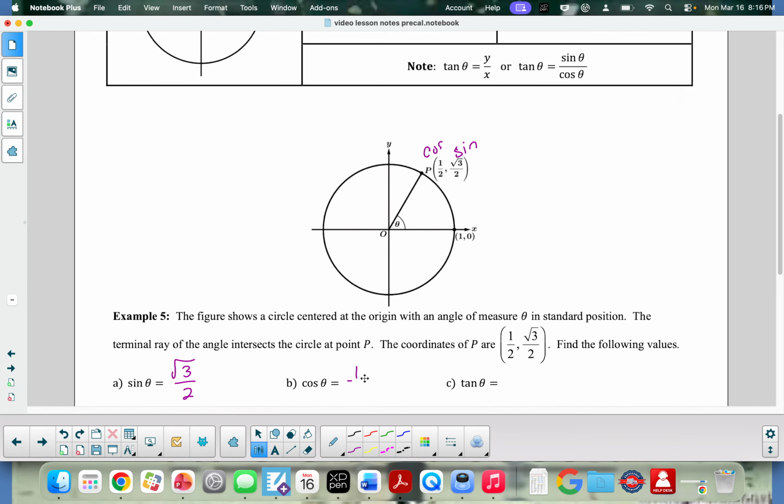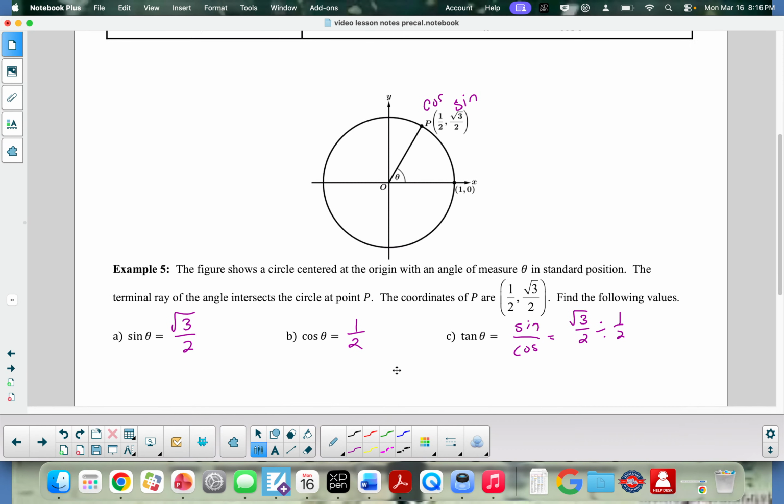The cosine is 1/2. And the tangent, remember, is sine divided by cosine or y divided by x. So basically, you're dividing square root of 3 over 2 by 1/2. Well, we don't divide by fractions, remember, and you don't need a calculator to do this. You multiply by the reciprocal, and the 2's cancel, so the tangent at that point is just the square root of 3.